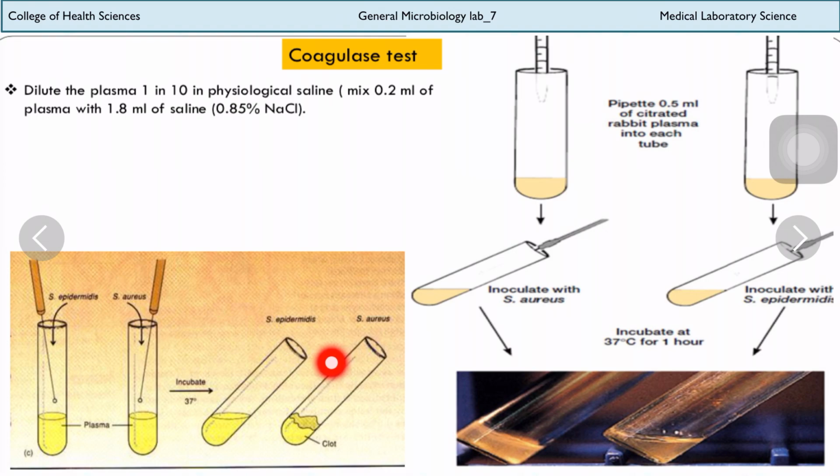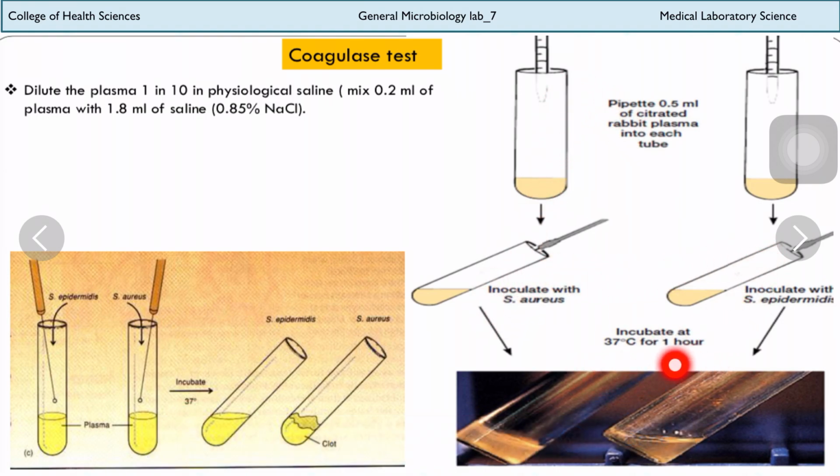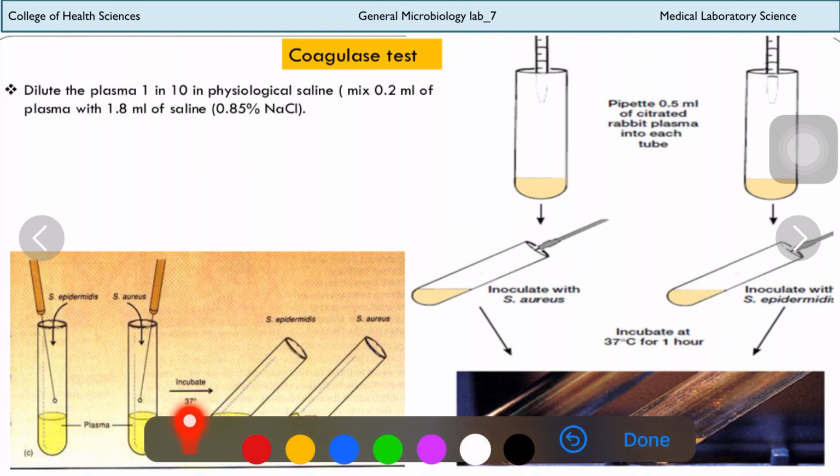If there is still no clotting after 4 hours, you have to take the test tube out from the incubator and put it at room temperature. Why? We'll talk about the reason later. Here, same: we have plasma, we have inoculation, and you have incubation. 3 main steps here.